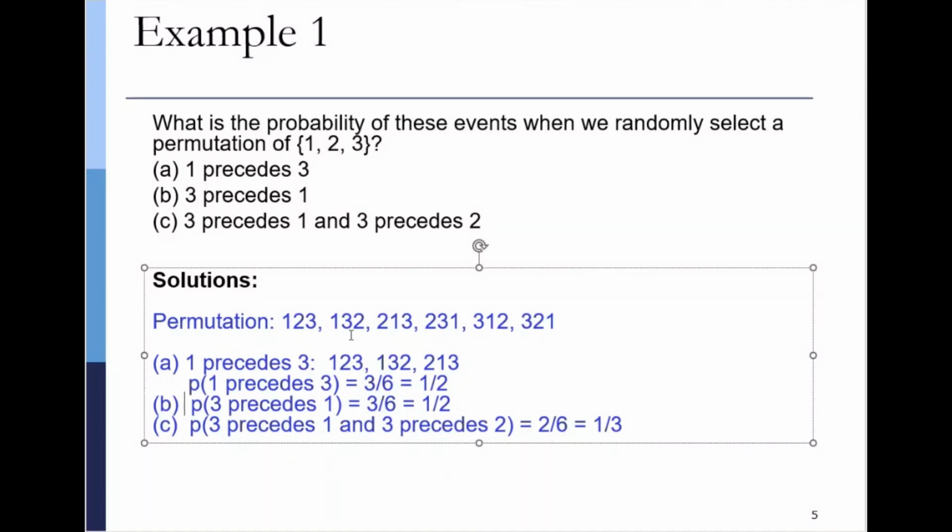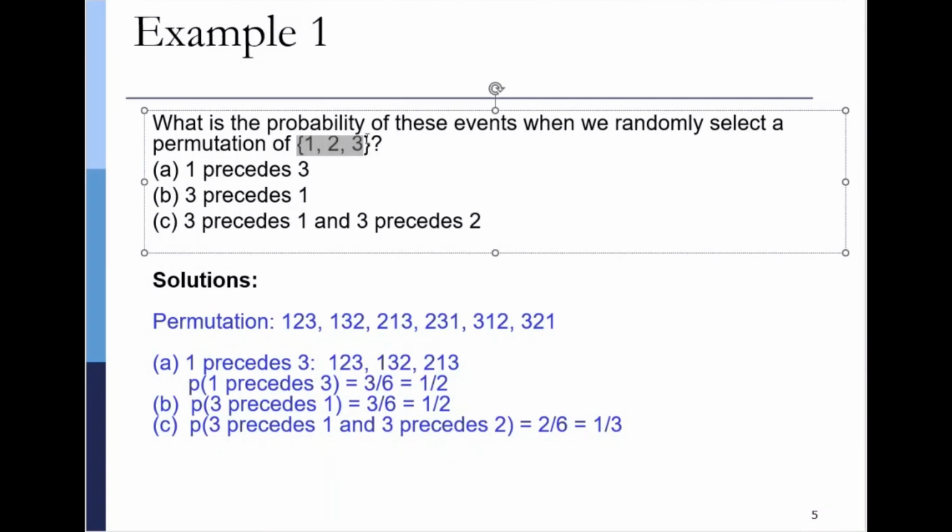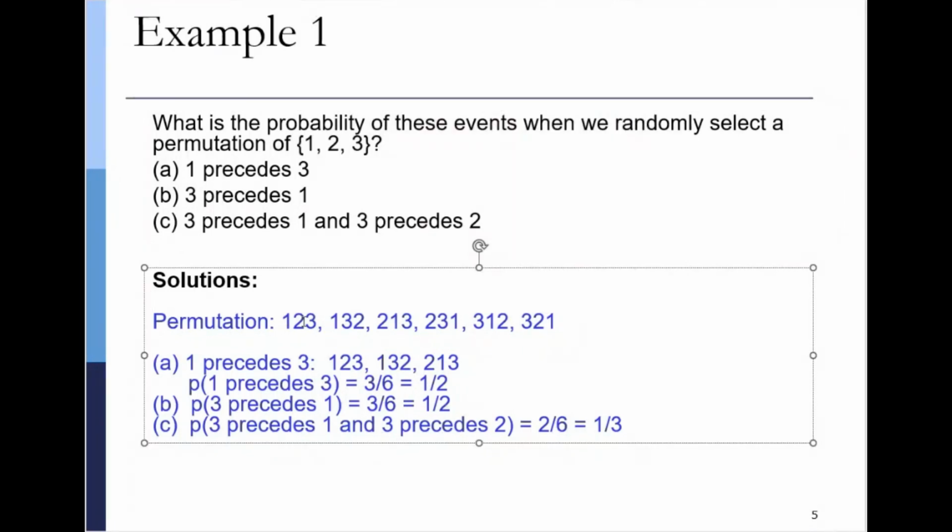Okay, I explain. You still remember permutation or not? So we have a set of three numbers, 1, 2, 3. Permutation means we take 1, 2, 3 and arrange them differently. So how many possible permutations here? You see here: 1, 2, 3; 1, 3, 2; 2, 1, 3; 2, 3, 1; 3, 1, 2; 3, 2, 1.